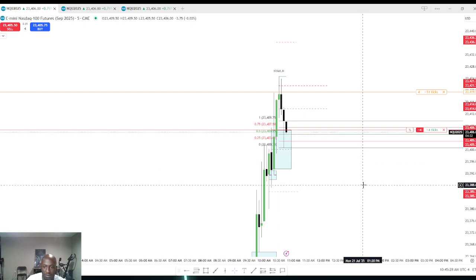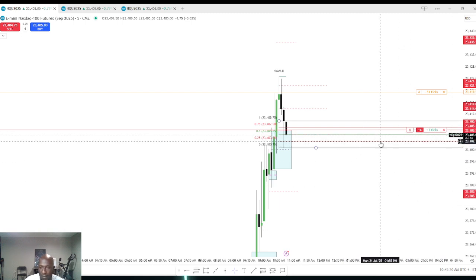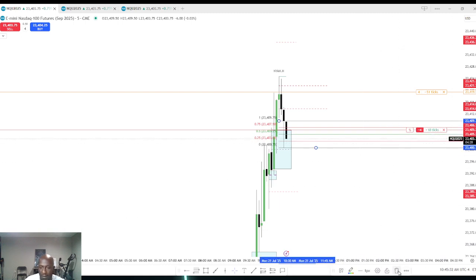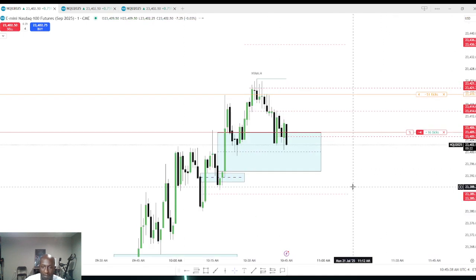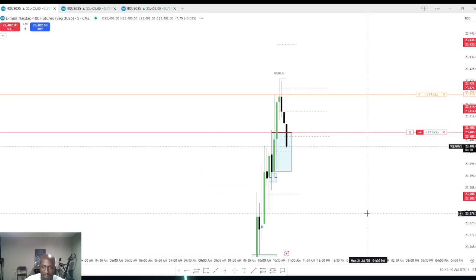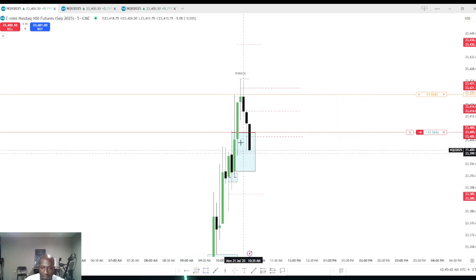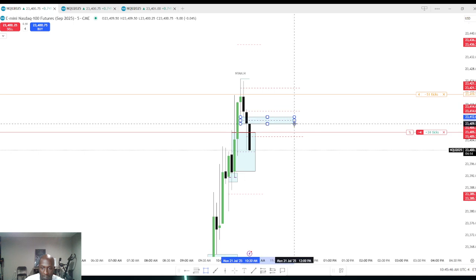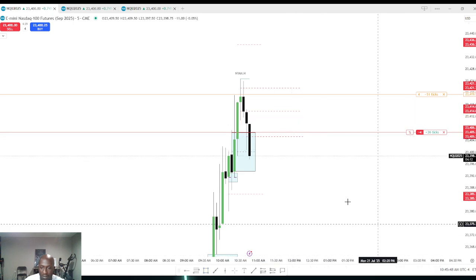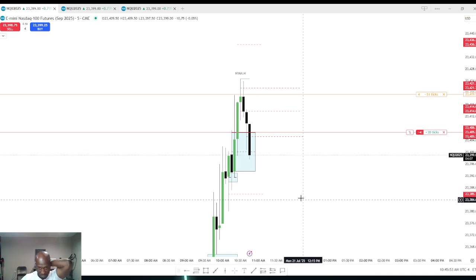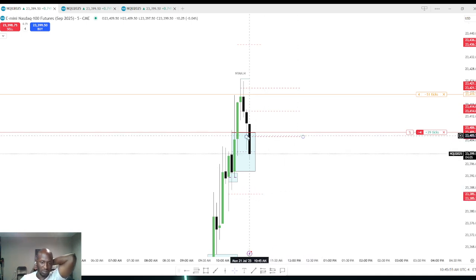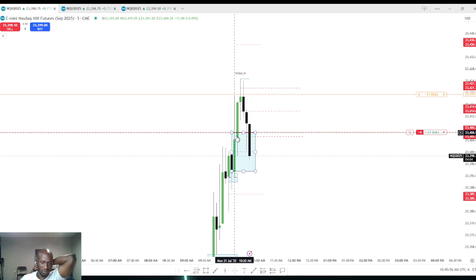Wait, what did I just do? Control Z. I can't put that there yet because I don't know if that's going to be a SIBI. I like how it's closed below this one. I like how it's below this one.